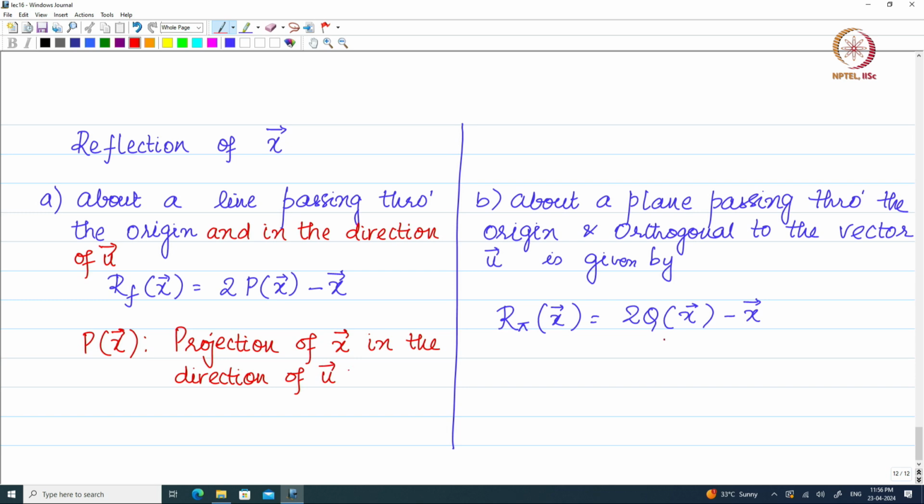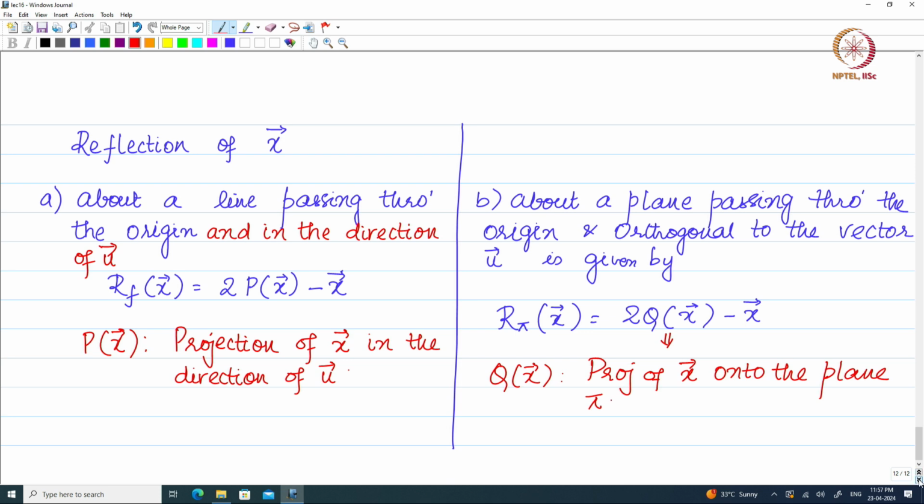So, now we know the difference. Q of x is basically the projection of x onto the plane pi. Right. So, that is what it is.